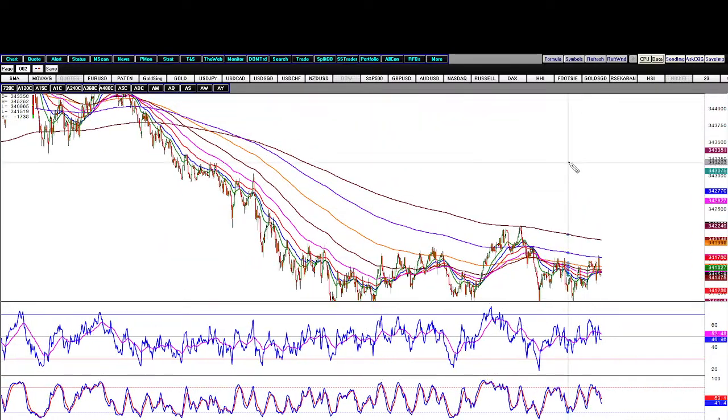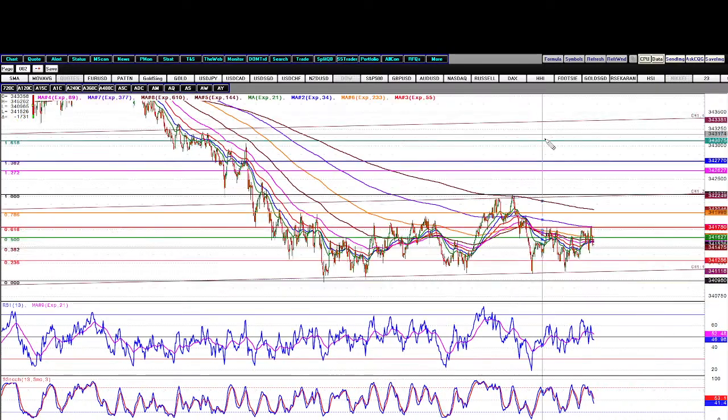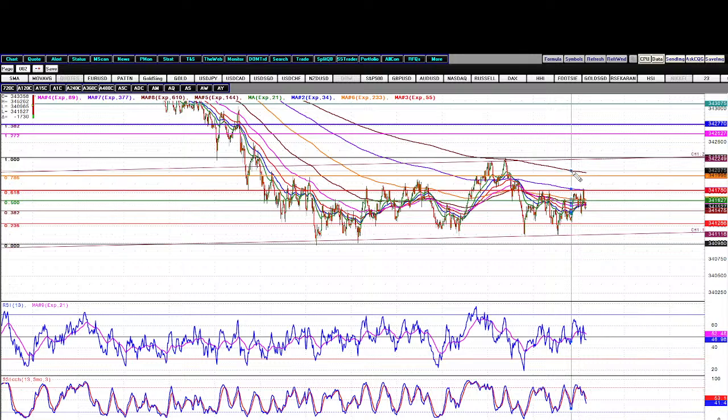But overall, I think we should not see the price going above 34, and as long as it doesn't go above 34, we still hold a sell. Okay, so 3.1 and 3.5.